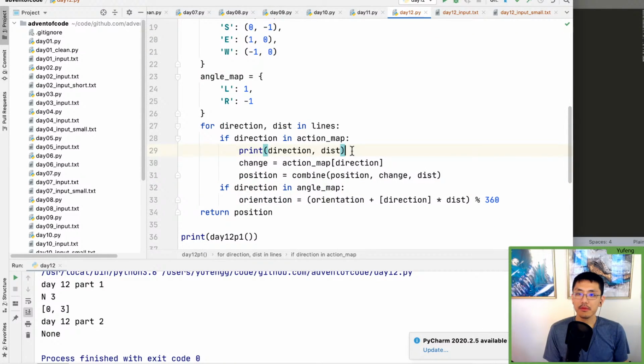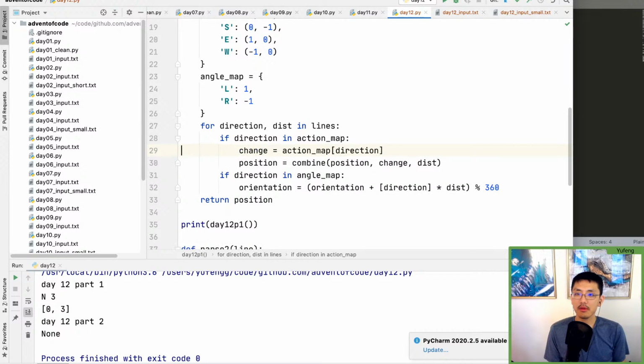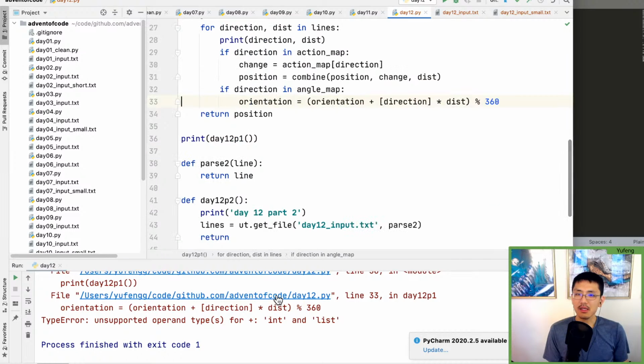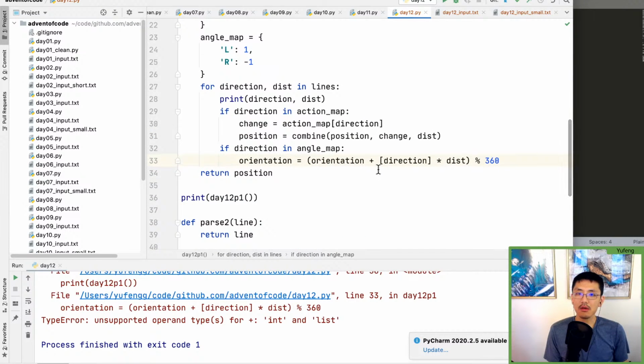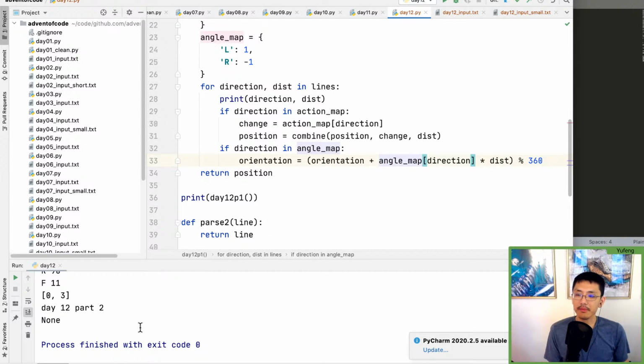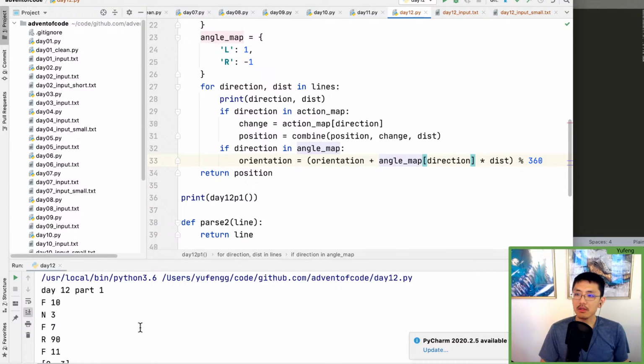So I'm gonna move the print statement up this time. Int and list. Which one is, oh, it auto completed, funny. What is it called? Angle map at direction? Yeah. So let's print out our orientation at the end here.